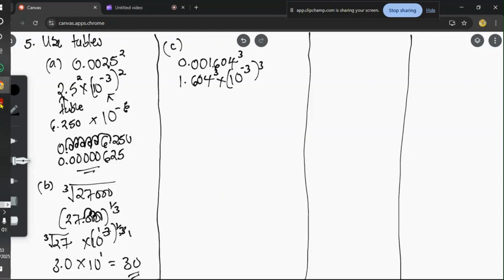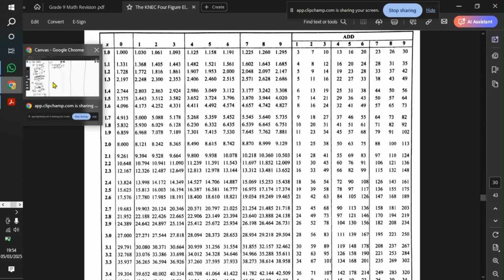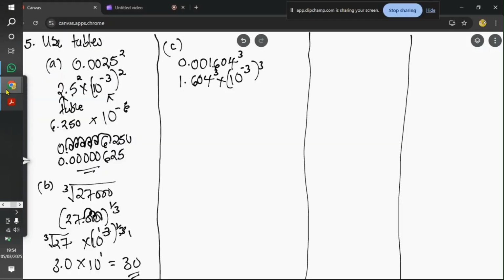So 1.60, then the next number is 4, 1.604.